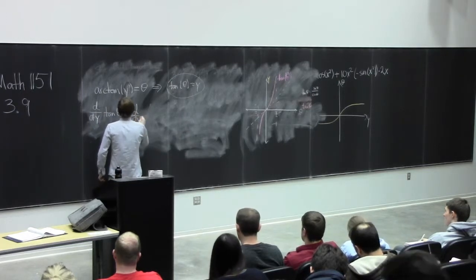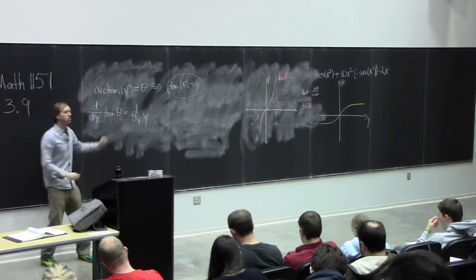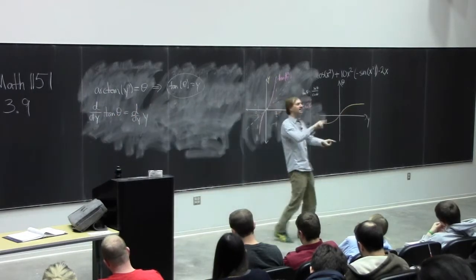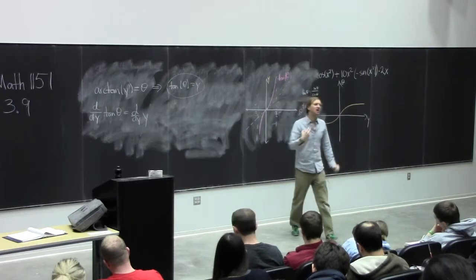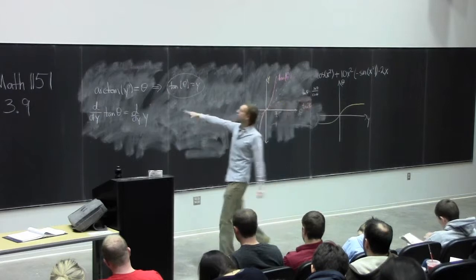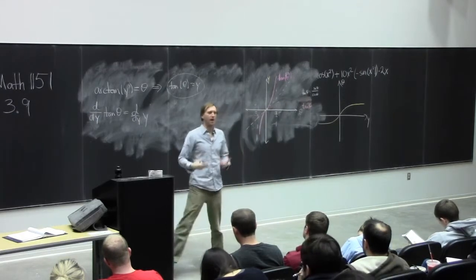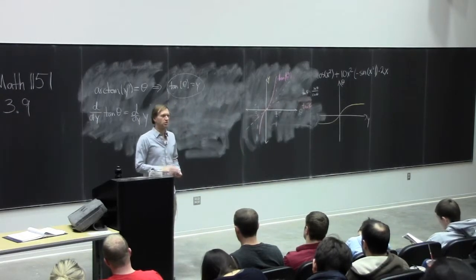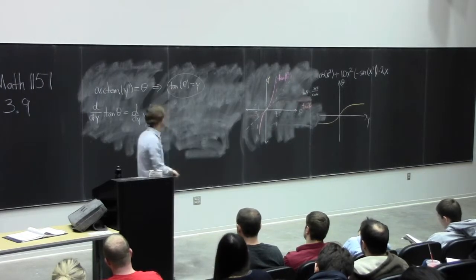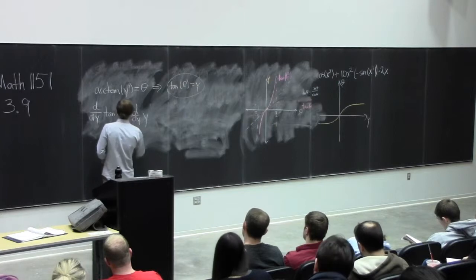So d dy of y. We're pretending that our theta value is a function of y. What's the derivative of y with respect to y? The derivative of any variable with respect to itself is 1. That's equal to 1.